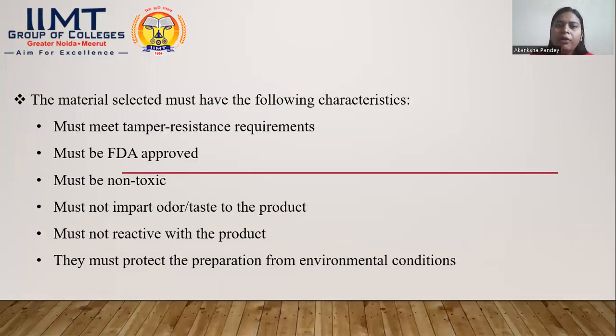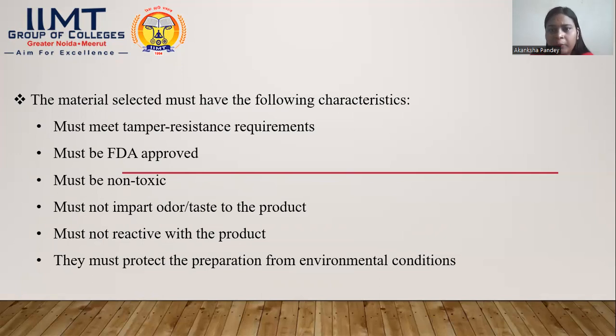Moving forward, what are the characteristics that any packaging material should follow? It must be FDA approved, it must be non-toxic, and it should not impart any odor or taste. It should not be reactive to the product.